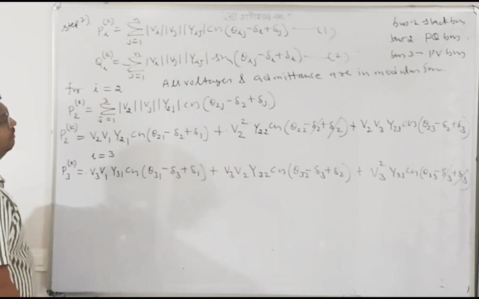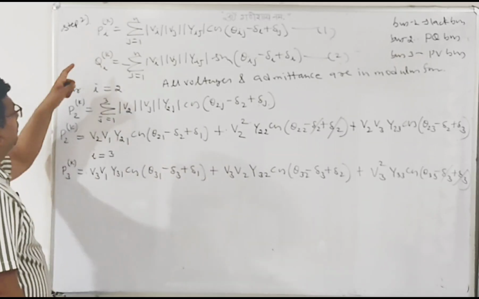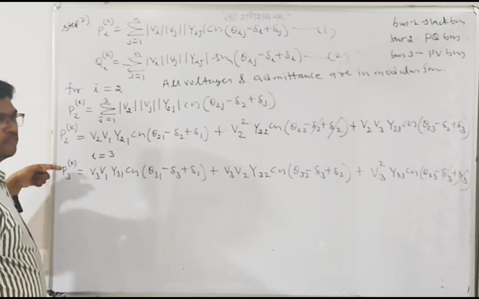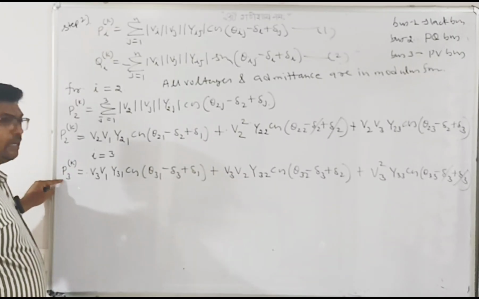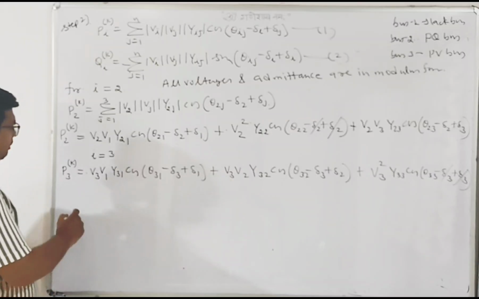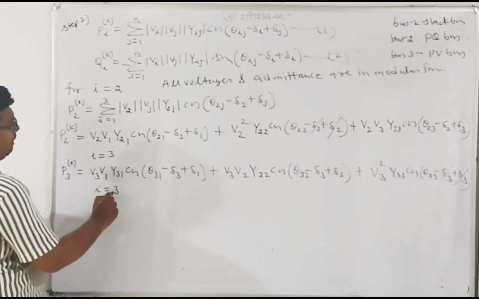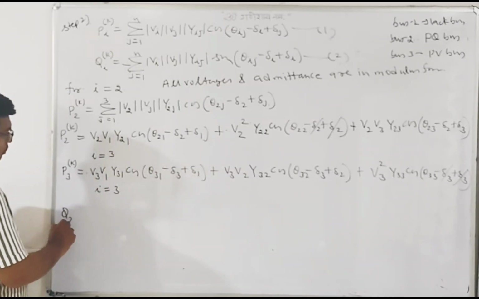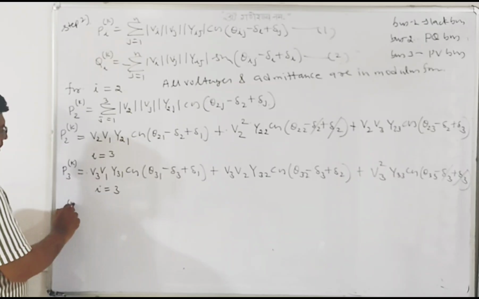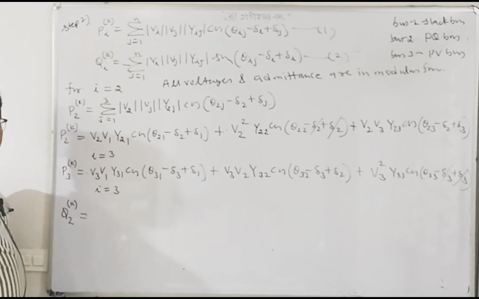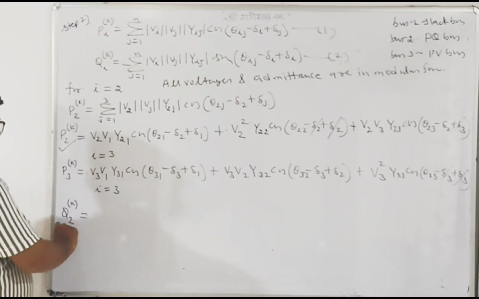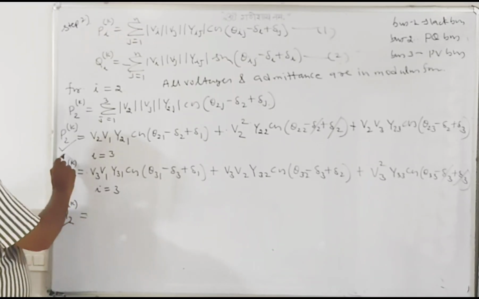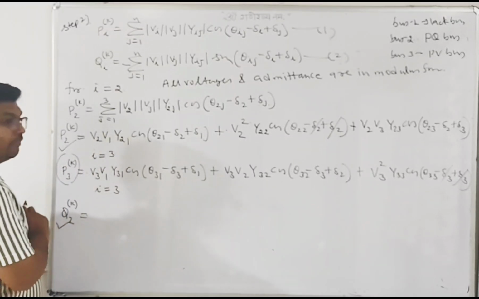Now similarly, I will determine these, because these are the powers we have specified: this is at the load bus, this is at the generator bus. Now the last is when i equals 2. So what is my Q2? Because this is the load bus data and this is our PV bus data, that is given.